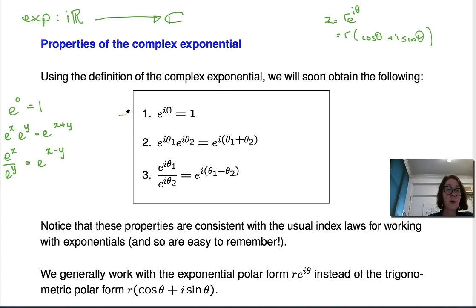So let's look at property 1 for a second. This says that e to the I times 0 equals 1. So this is similar to this property of the real exponential function. Why is that true?